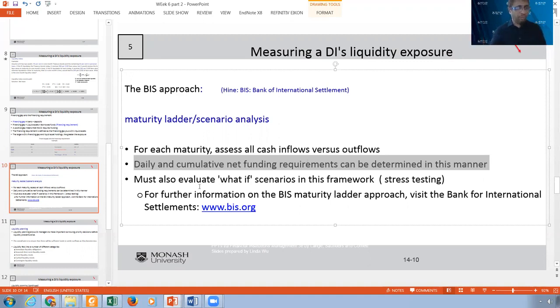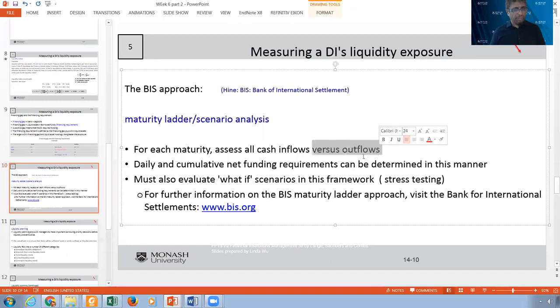It must also evaluate. This is the most important thing about this approach: the what if. And the what if means you have to have different scenarios. So if you assume here the asset inflows coming from depositors is 20, and this is 30 or 25, so the difference is 5. What if this is decreased by 10% and this increased by 10%?